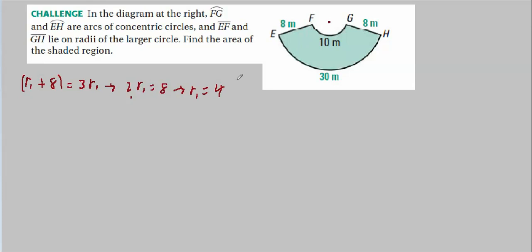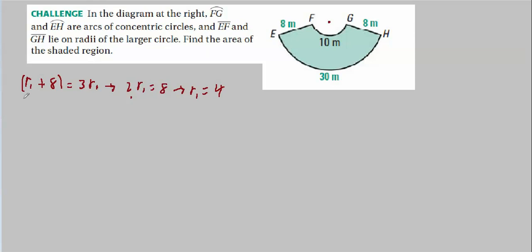We could do that and use up about half a page and arrive at the conclusion R1 equals 4. I think this approach is a bit easier. Now that we've got R1, we pretty much have everything we need to find the area. Almost. We still don't know the angle, do we? But that's okay. We can find the angle now.